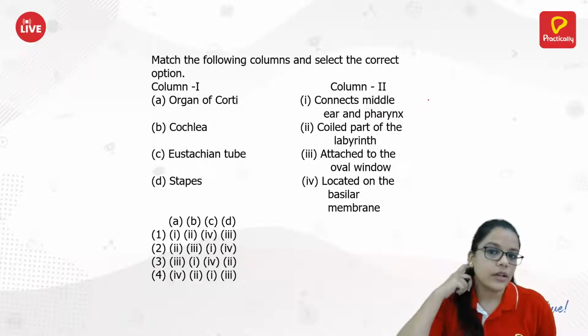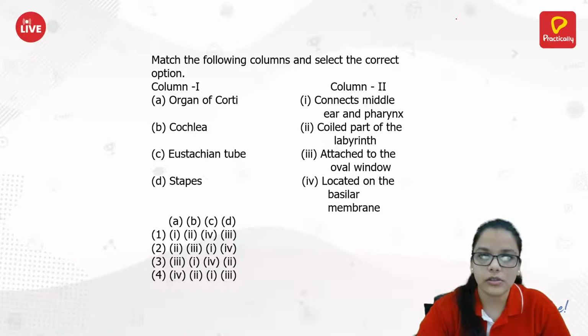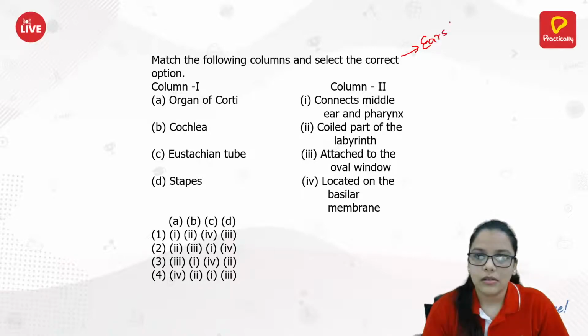Okay, next, another one. Match the following columns and select the first. This is about the ears, human ears. We are discussing about that. Organ of Corti, cochlea, eustachian tube, stapes.